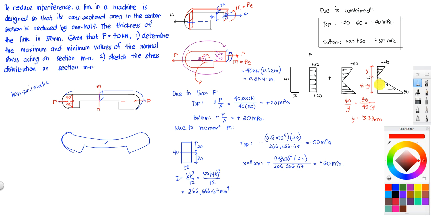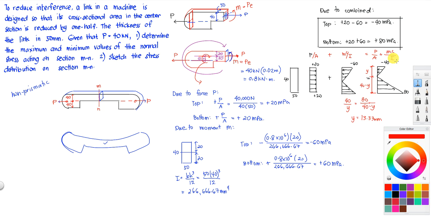So, ito yung ating stress diagram. Akin, due to M, P over A, and MC all over I. Pag-aadin mo sila. So, this one is P all over A plus MC all over I. So, again, this is due to the combined loadings.